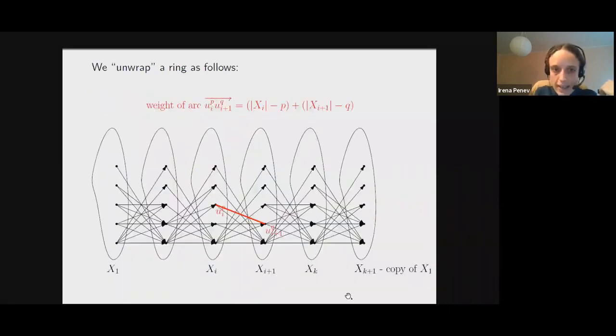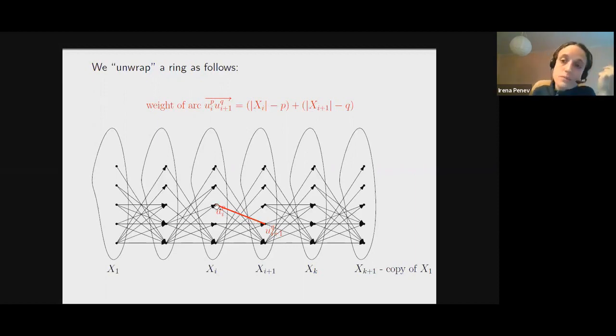So here they are again, except that I added one more, and this one is a copy of the first one. Now, inside the X's, I delete all the edges. Now they're stable sets. And then the next thing that I do is the edges that I had between the X's, they now turn into arcs. So I direct them from X1 to X2 and so on. Okay, and then I add weights to these edges.